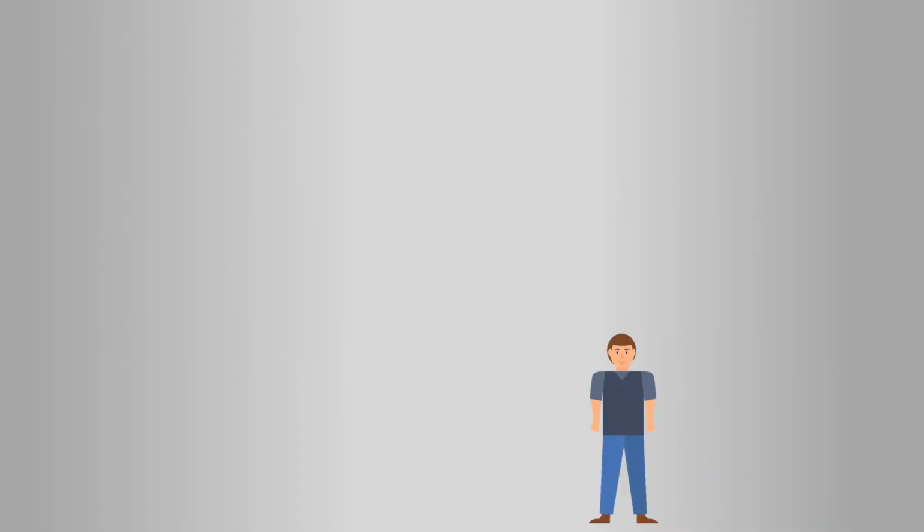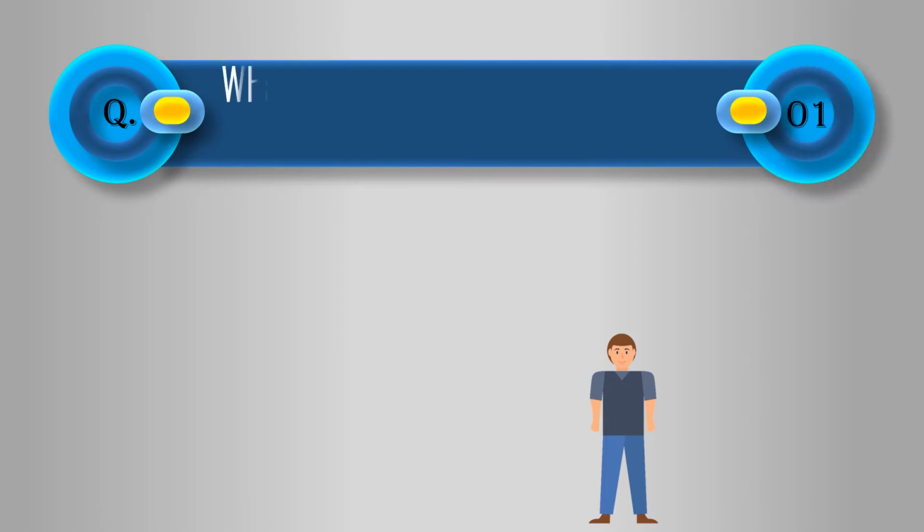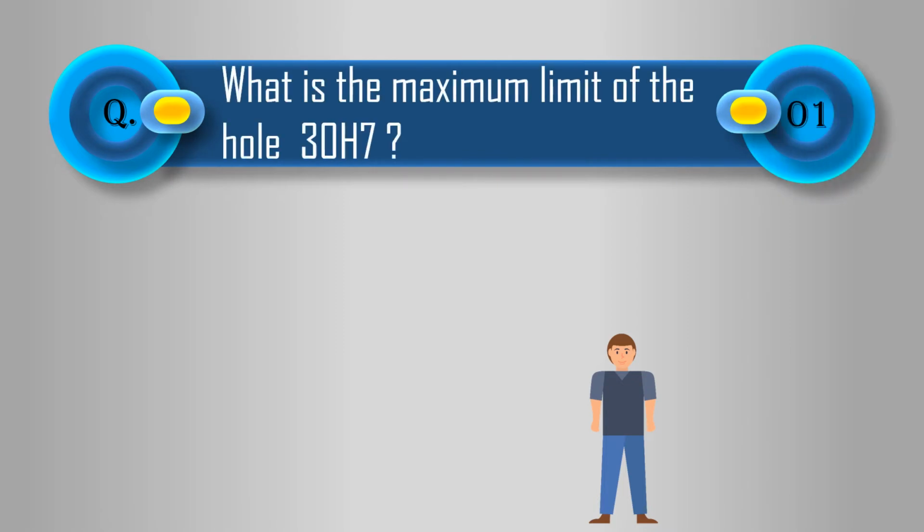After the completion of tolerance topic, we are going to play one quiz related to this topic. The question is: what is the maximum limit of the hole 30 H7?